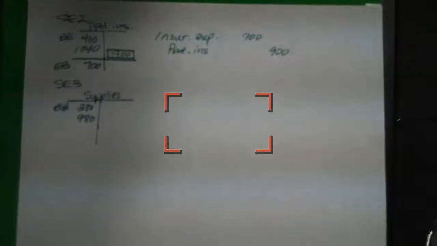Get some check figures real quick. Just because I'm doing this on the fly, I don't want to scribble up the paper with a bunch of additions and subtractions. Then the problem tells us that at the end of the year, the inventory supplies on hand was $440.